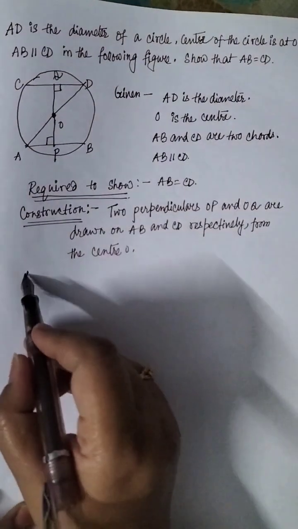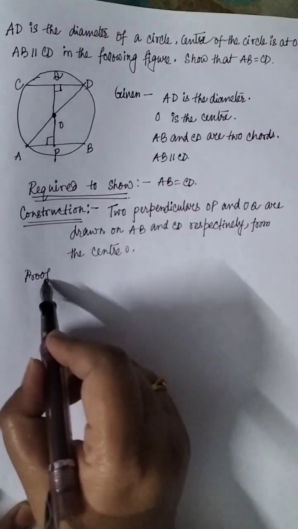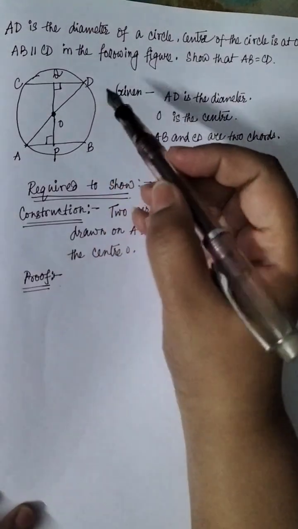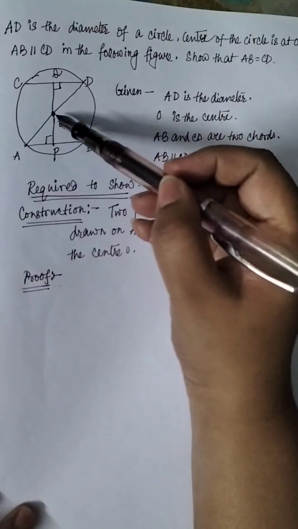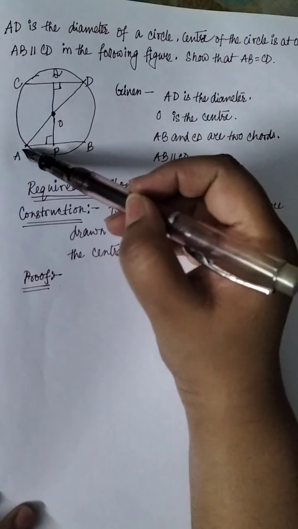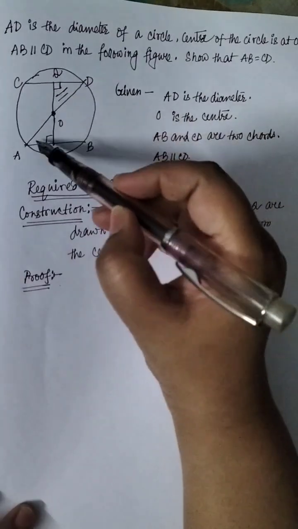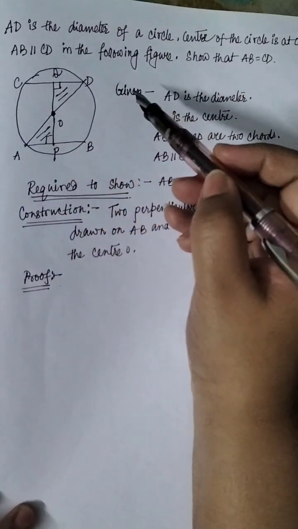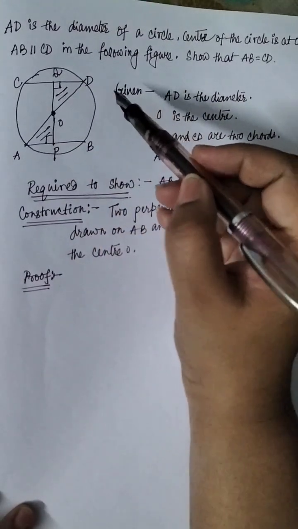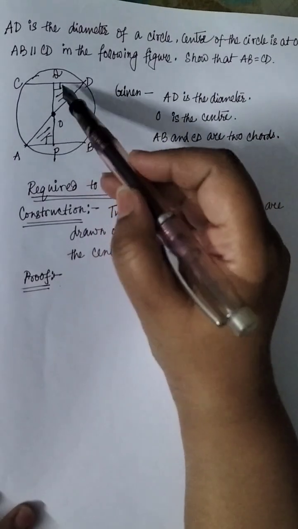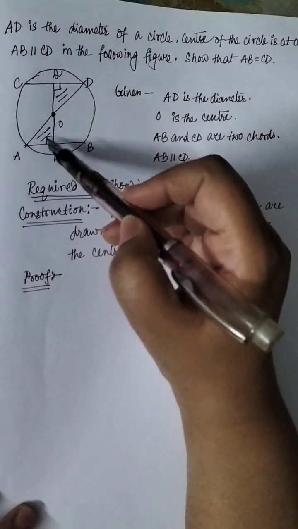Now let's start to prove the statement. Look, if we consider triangle OPA and triangle OQD, let's see what we get here. First of all, this angle equals to this angle. By construction, they are 90 degree in measurement.